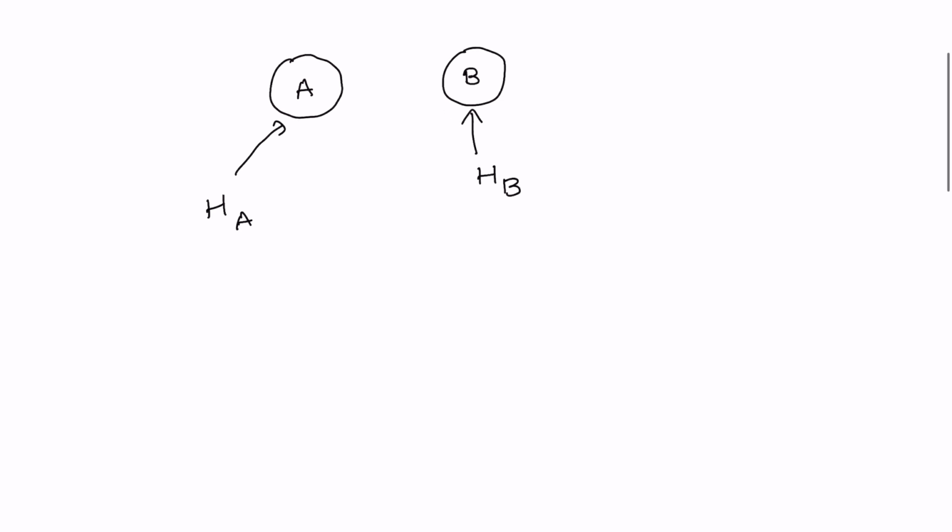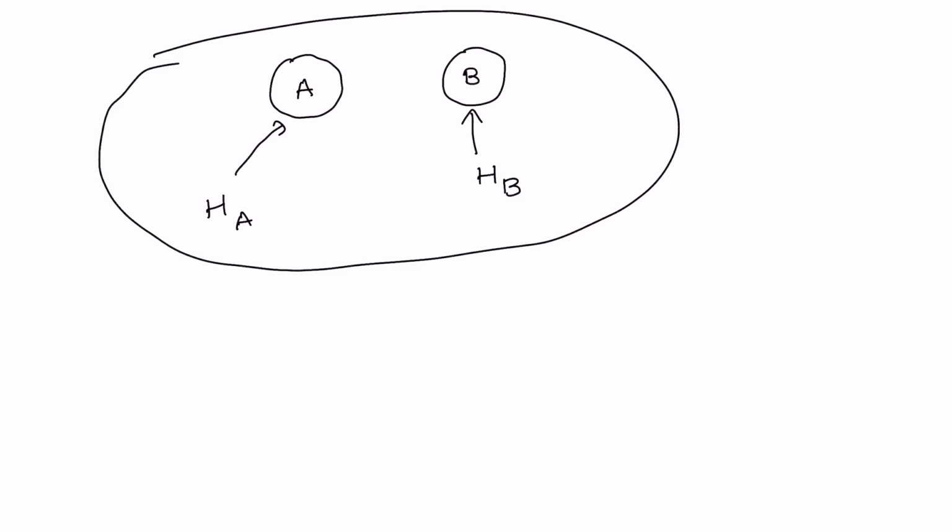Then together we can say that both A and B live in the Hilbert space H equal to HA tensor product HB, and this is the symbol for tensor product. It is also called direct product sometimes. It is called tensor product or direct product.